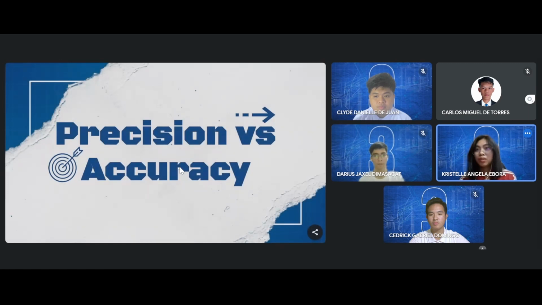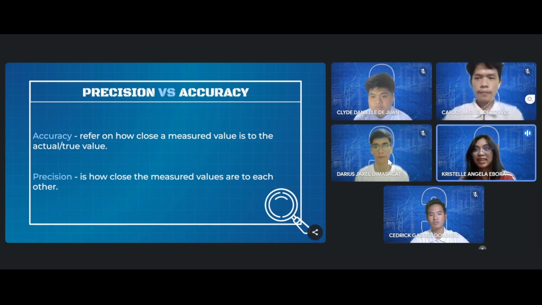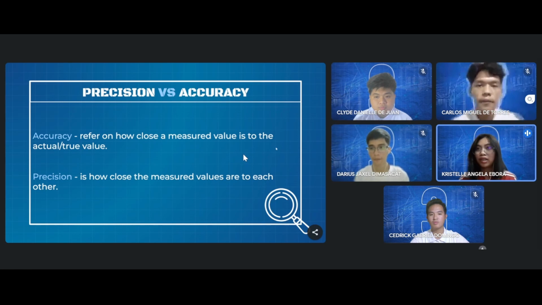Now, in line with metrology, let's explore the difference between precision and accuracy. These two terminologies are always associated with one another, but what are their differences? In metrology, accuracy refers to how close a measured value is to the actual, or what we call the true value.